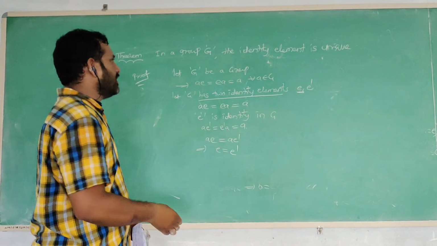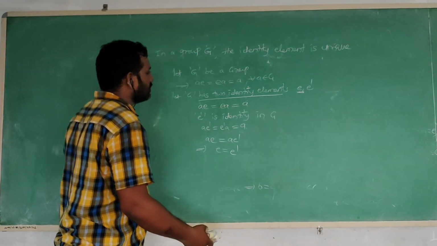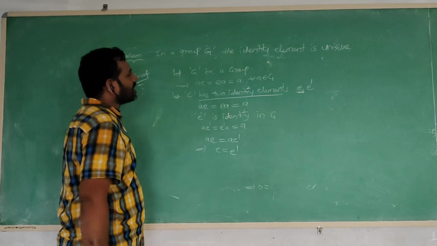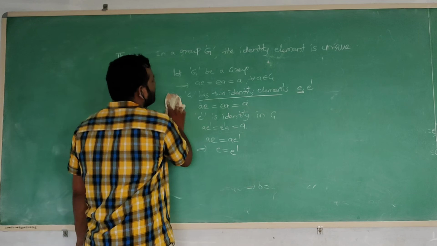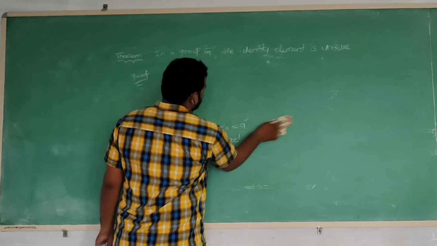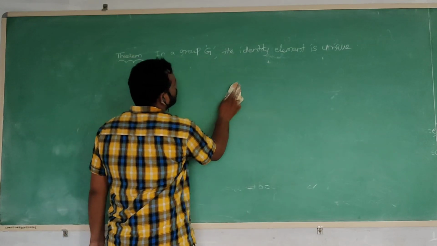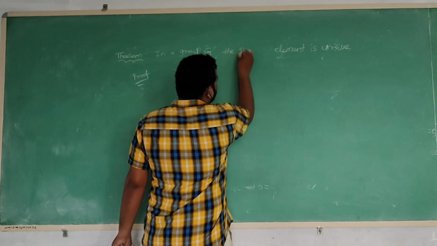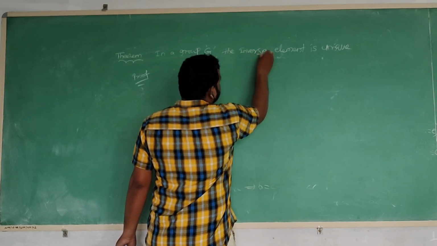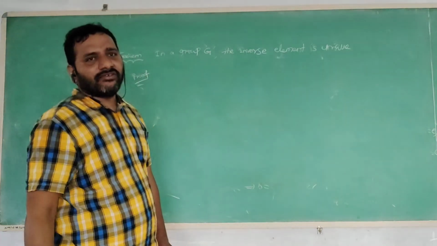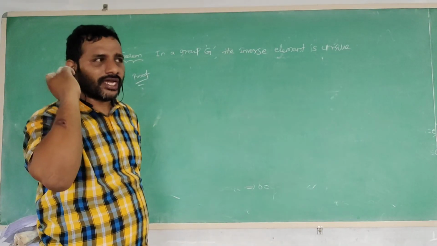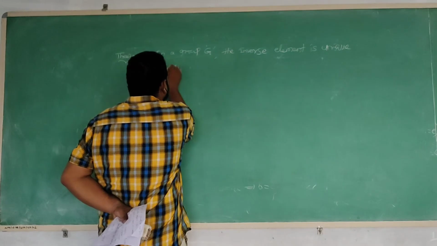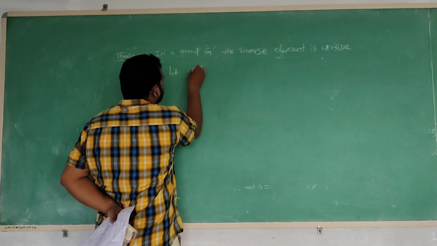Next theorem. In a group G, the inverse element is unique. Let G be a group.